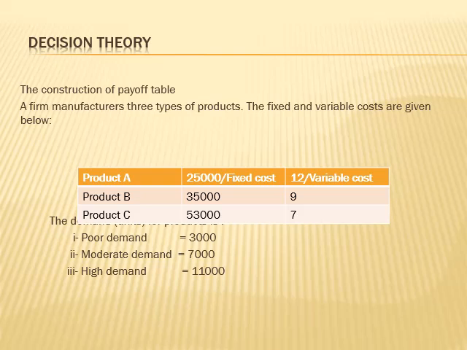A company manufactures 3 types of products: product A, product B, and product C. Each of these products has its fixed cost and variable cost.